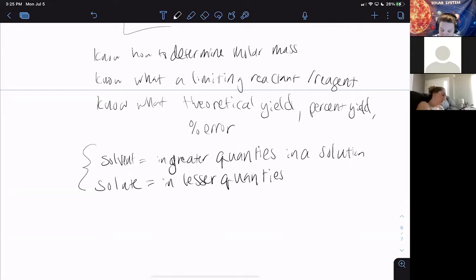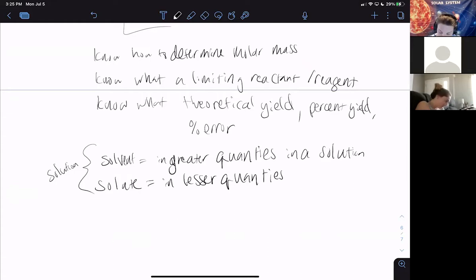So these are the two components of a solution. You have the solvent, what you dissolve the solute in. You'll always have a greater amount of solvent than you have of solute. You only have one solvent. You can have two or more solutes if you would like. Generally, the stuff we look at only has one solute.